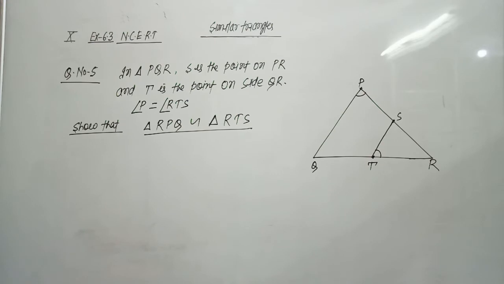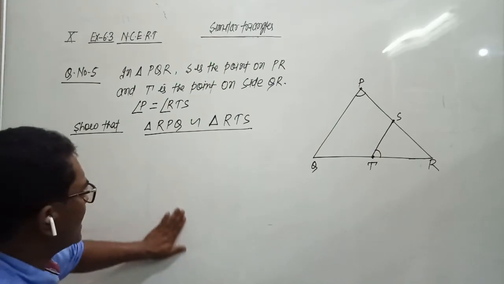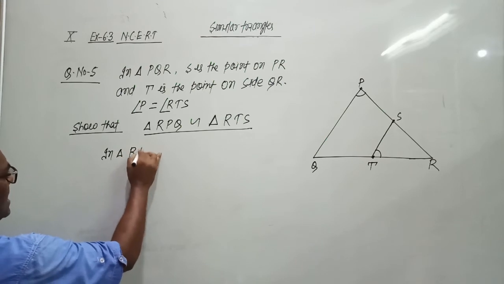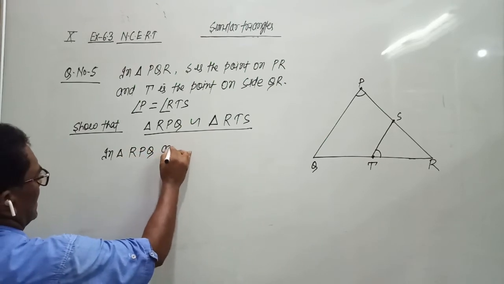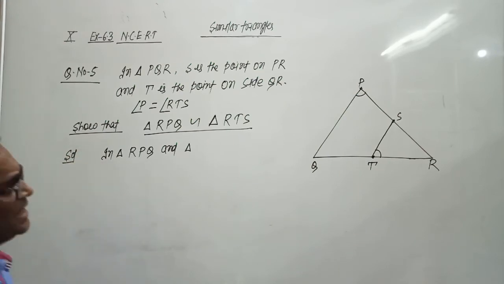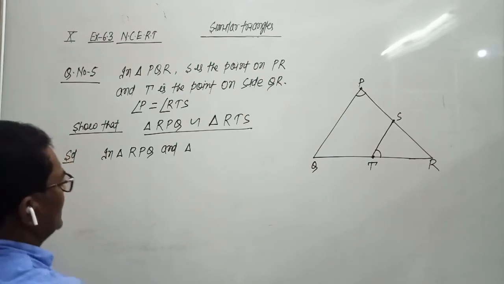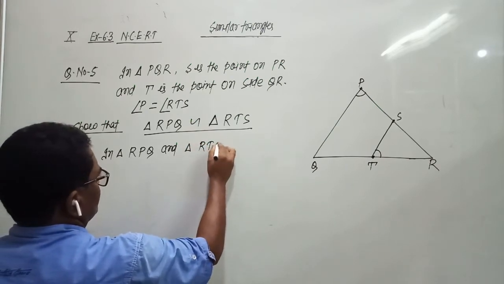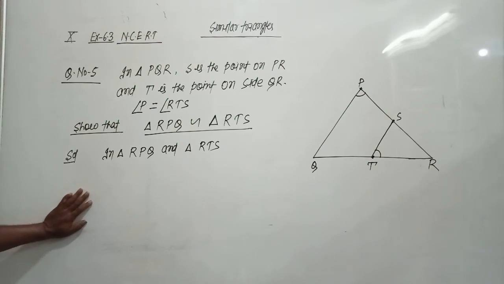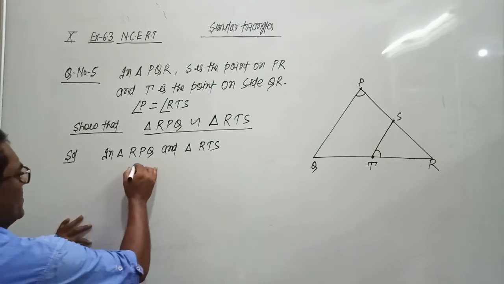So in triangle RPQ and triangle RTS, this is the solution: in both the triangles, angle R is common.